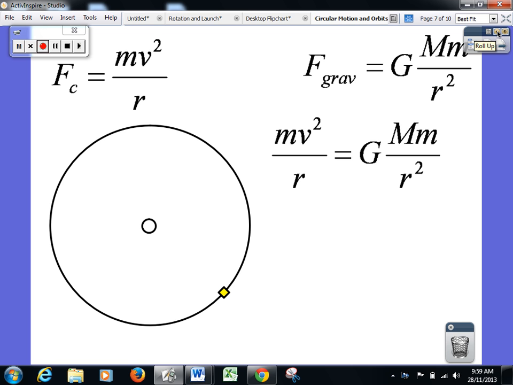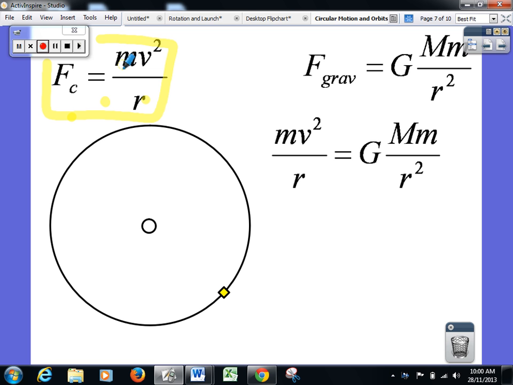Right. A few moments ago we said that the centripetal force formula, this one over here, by itself, is an apparent force. That's a descriptive force. It's a force that describes how an object in motion in a circle must be acted upon. So that just tells you what is the velocity required to maintain this force at this radius and this mass.